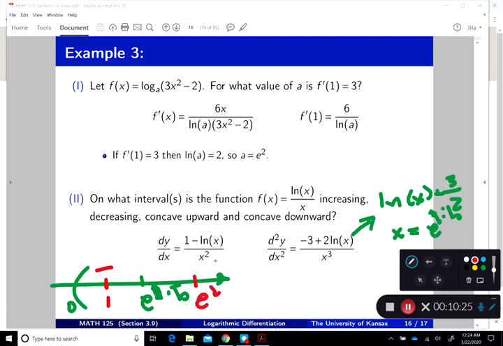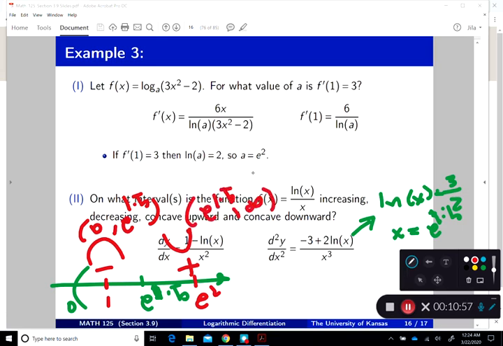If I plug in e to the power 2, I get a positive value: I get 1 on top, and e to the power 3 in the bottom. So this is positive. So now this part is concave down, this one is concave up, this part is 0 to e to the power 1.5, and this part is e to the power 1.5 to infinity.